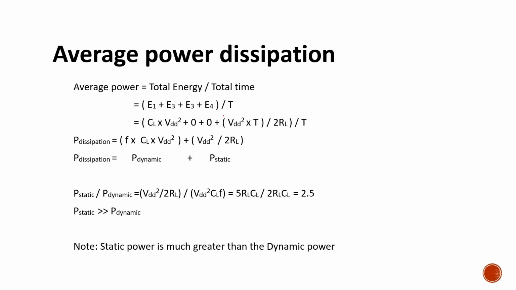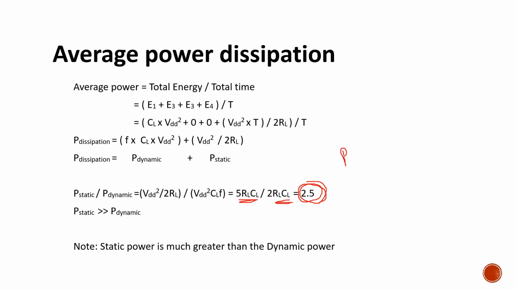Guys, we know the static power is very much greater than the dynamic power, because that VDD square by 2RL value is definitely greater than VDD square by CL into F. You can see, guys, here it takes the time constant pi RLCL, and this is 2 RLCL. Definitely pi RLCL is greater than 2 RLCL, which is more than 1, which is 2.5.